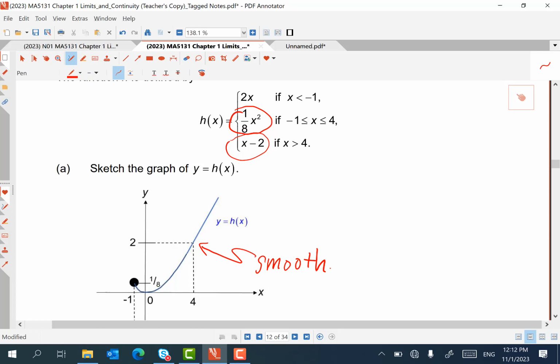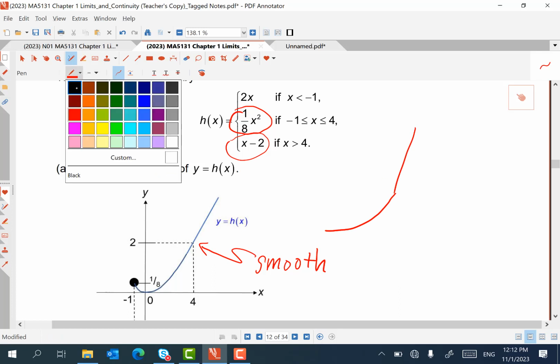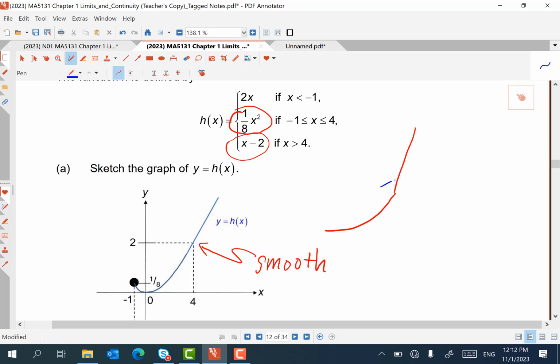Smooth. He was actually debating whether I should draw it as a cusp, if it's like this, right? There's a name for this kind of joint, cusp. Okay, a sharp turn.